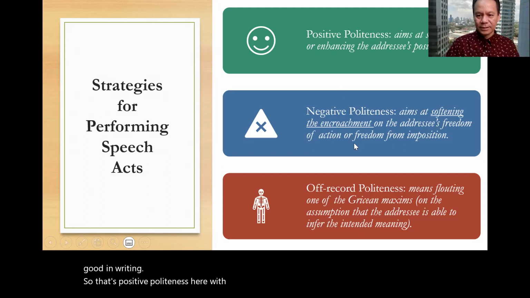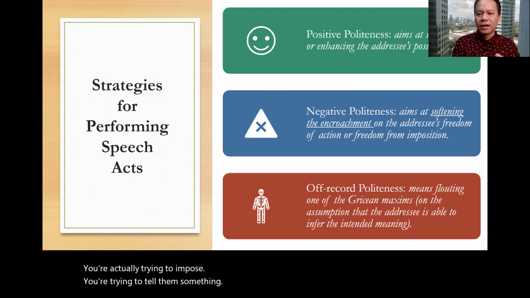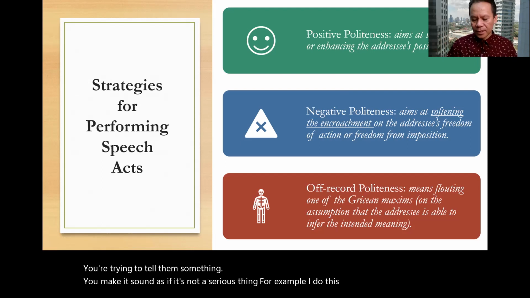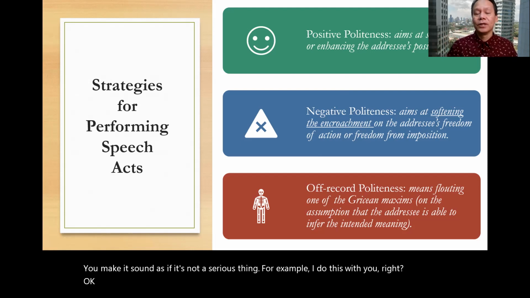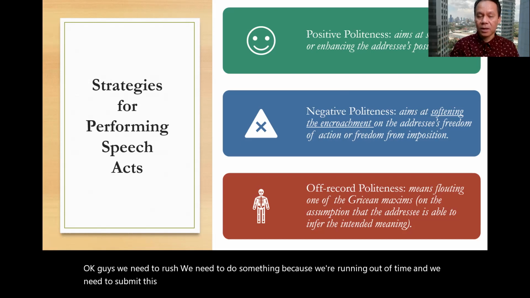Negative politeness is when your objective is actually to impose. You're trying to tell them something. However, you make it sound as if it's not a serious thing. For example, I do this with you, right? Okay, guys, we need to rush. We need to do something because we're running out of time and we need to submit this project as soon as possible.